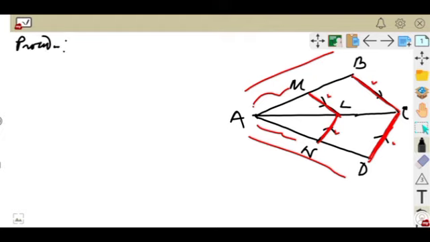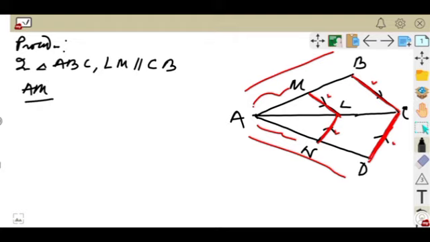Okay, first let us consider the triangle ABC. In triangle ABC, we have written even in the given as well, this LM is parallel to CB. So what happened? You can write AM by MB equal to AL by LC.